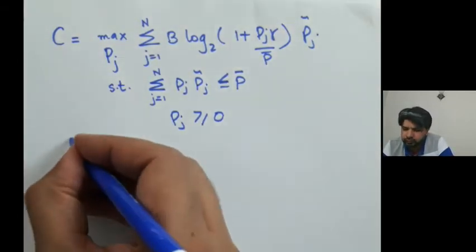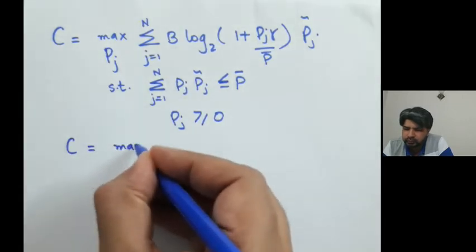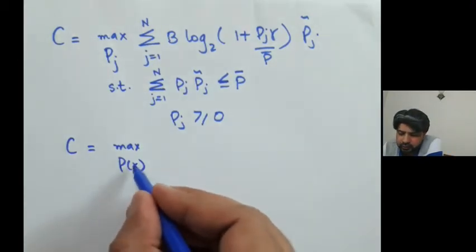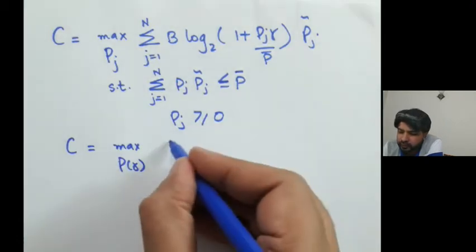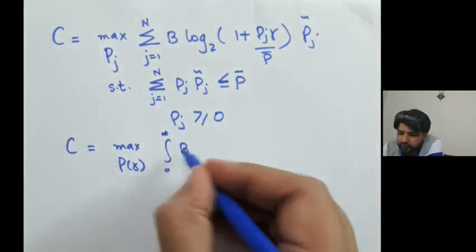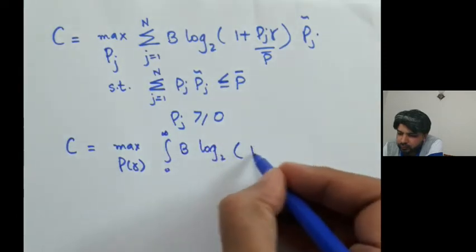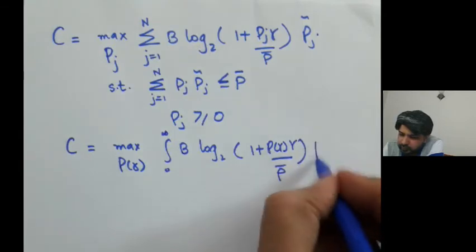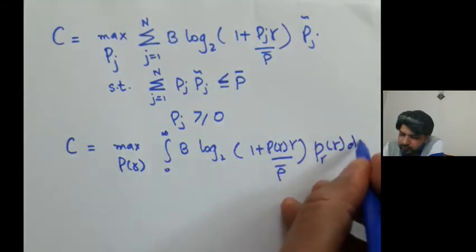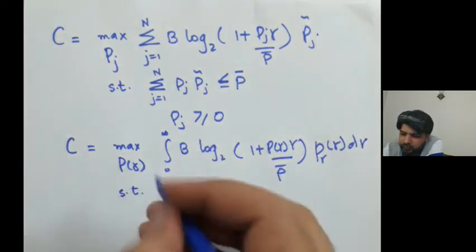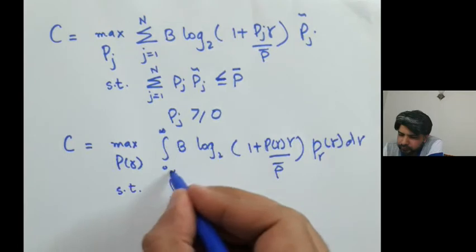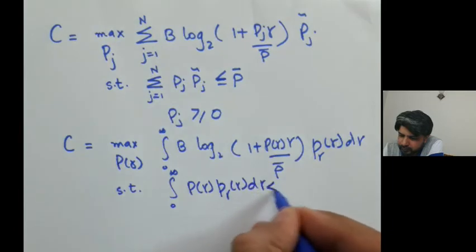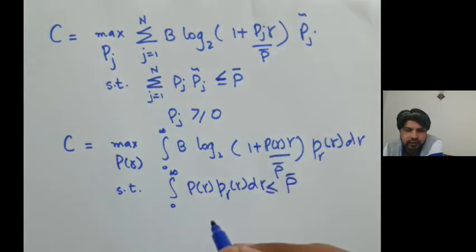So C would be equal to the max. You would maximize over P of gamma, where P of gamma would be the power that you're transmitting when the channel is in state gamma, of the integral from 0 to infinity of B log base 2 of 1 plus P of gamma over P bar, times p of gamma d gamma, and again that must be subject to some average power constraint.